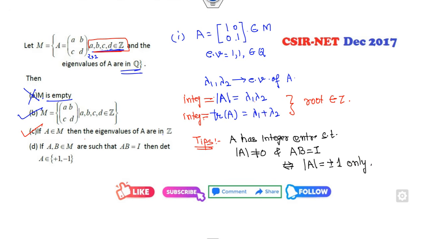Fine. If A has integer entries such that A is invertible, then AB is equal to I happens if and only if the determinant of A is plus minus 1. Now you can see A and B belong to M, so the first property is satisfied. AB is equal to I if and only if the determinant is plus minus 1. Yes, it's plus minus 1. This option is also the correct option. So the right answers are B, C and D. Fine.